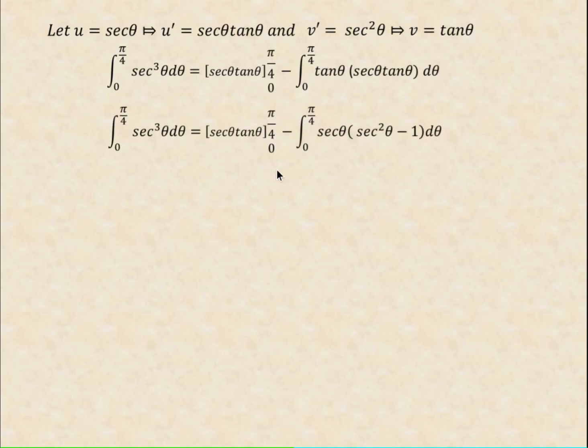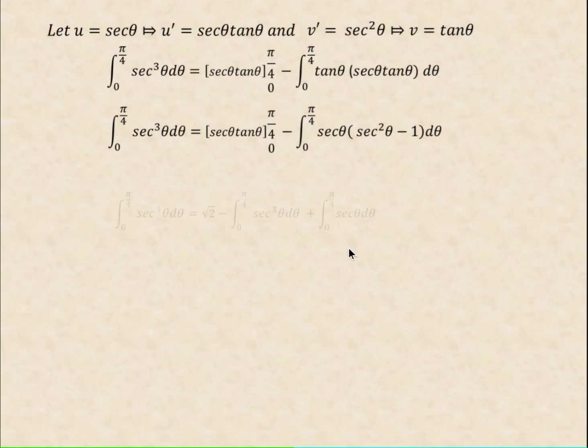So in the next step, we proceed to simplify the integral at the last term, where tan theta times tan theta will become tan squared theta, and tan squared theta is sec squared theta minus 1.